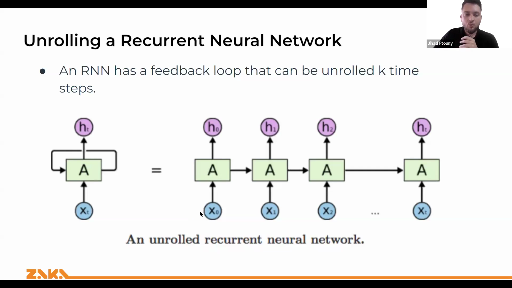So we start here at the state x0. It takes the input and passes it to this hidden state. This hidden state does some calculations and gives an output. Then this information that is calculated is passed on to the next neuron, and it goes on until the sequence is fully processed.